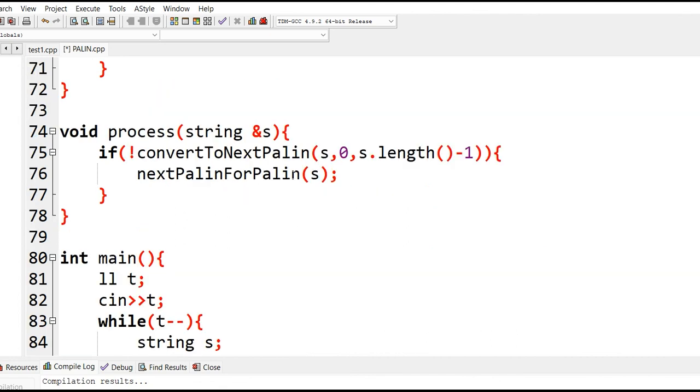There is one more case, that is if the entire string was a palindrome, we call our next palindrome function with a string, and this is the solution for our question.